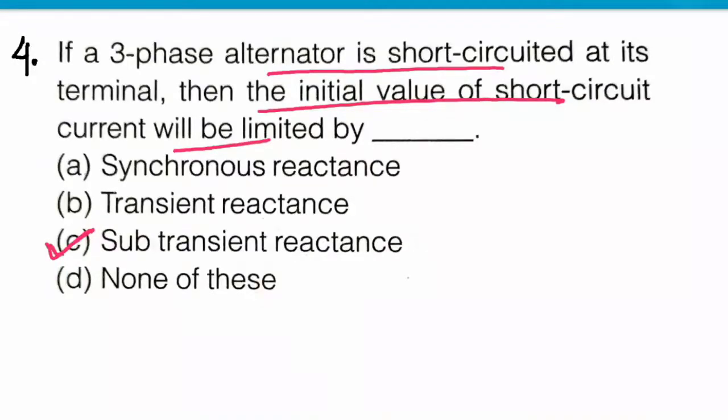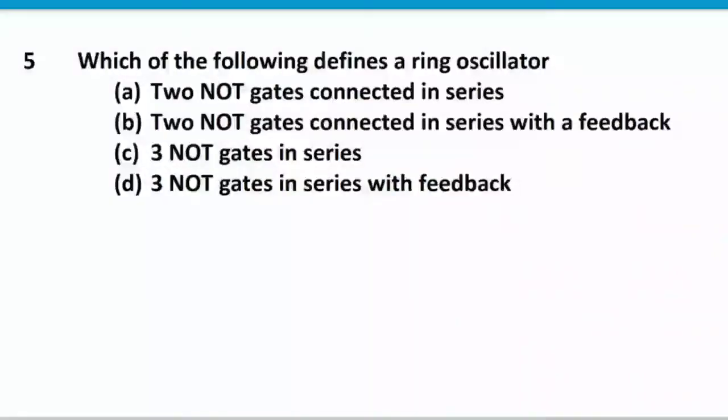Next question, which of the following defines a ring oscillator? Two NOT gates connected in series, two NOT gates connected in series with feedback, three NOT gates in series, or three NOT gates in series with feedback. This is a very good question.